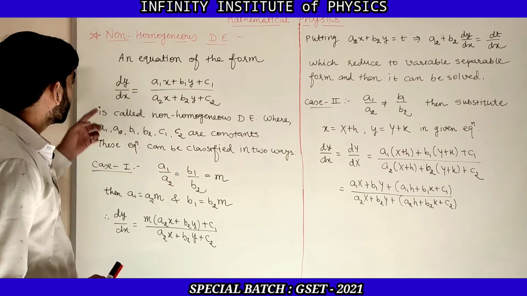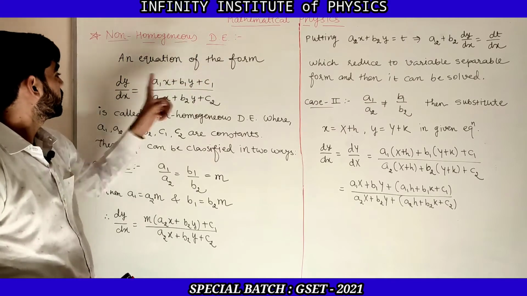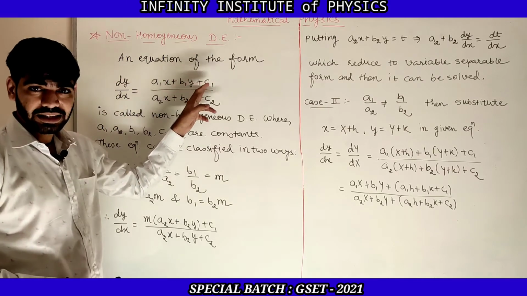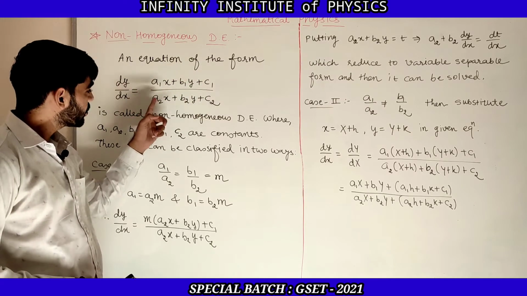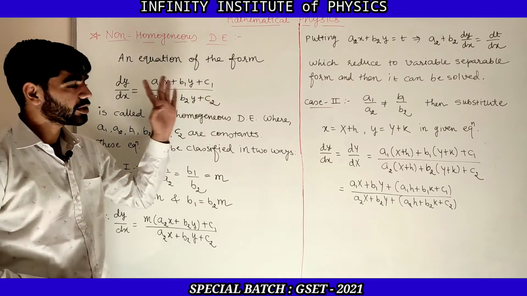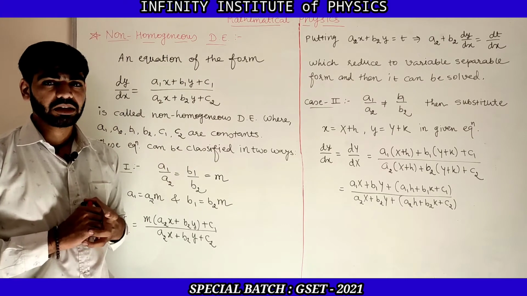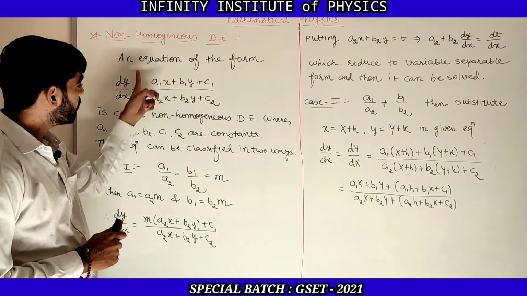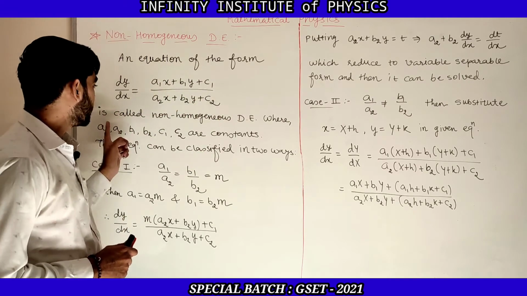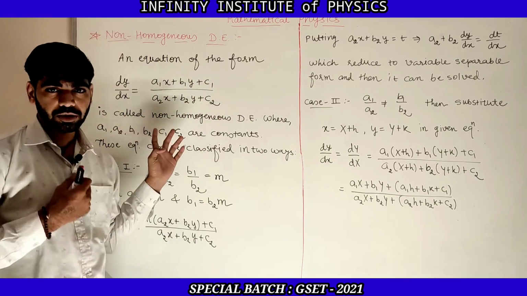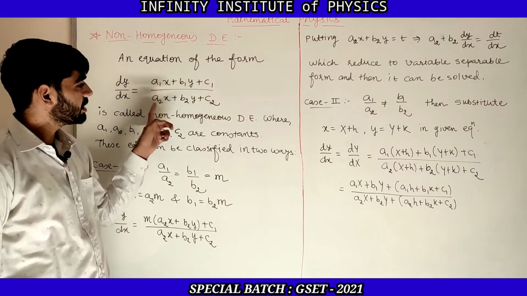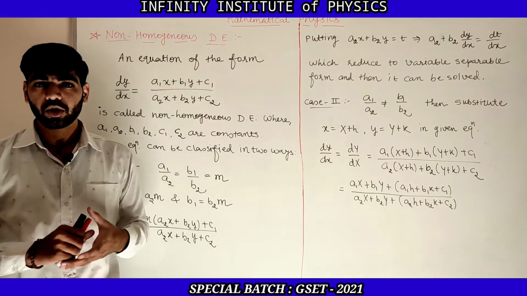So again let us see that. An equation of the form dy by dx is equal to a1x plus b1y plus c1 upon a2x plus b2y plus c2. If the given differential equation is in this form, then it is known as a non-homogeneous differential equation.